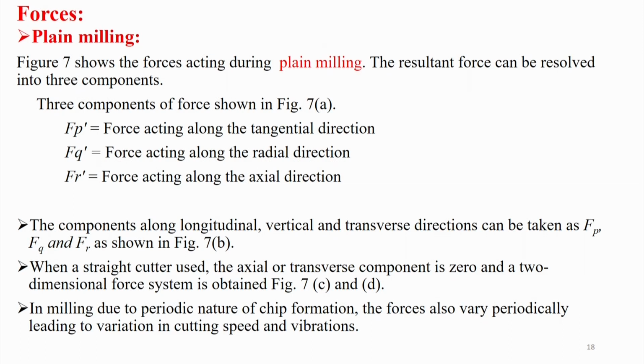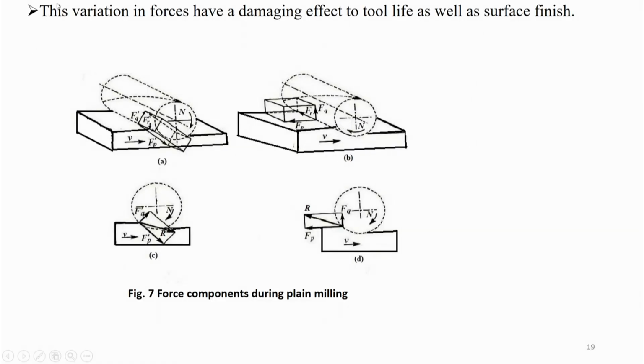In milling, due to the periodic nature of chip formation, the forces also vary periodically, leading to variations in cutting speed and vibration. Now, I am showing the forces here.